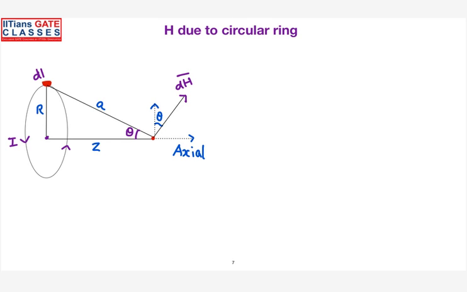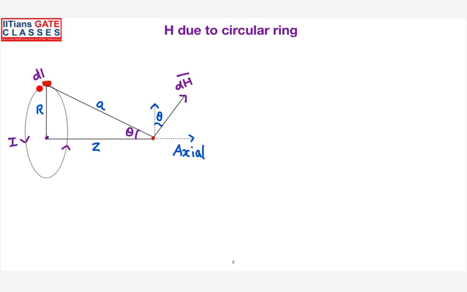Okay. So the next thing we will discuss is the magnetic field intensity due to a circular ring. As you can see here, this is my circular ring which carries a current in the anti-clockwise direction, right? So all of you start with your right hand, Fleming's right hand principle, and can you say what is the direction of the magnetic field here?